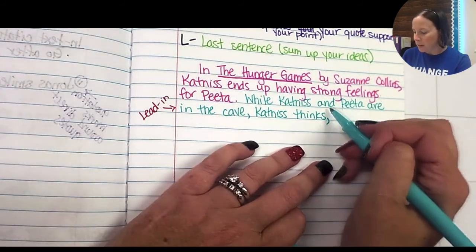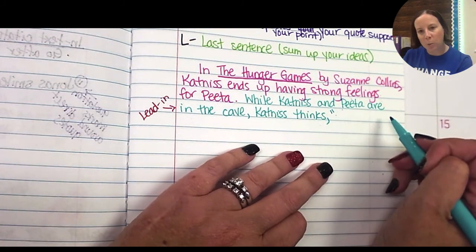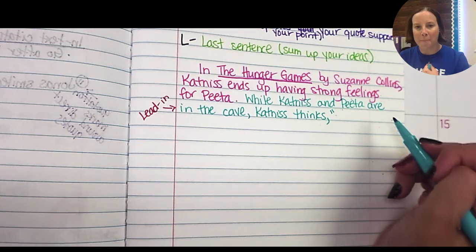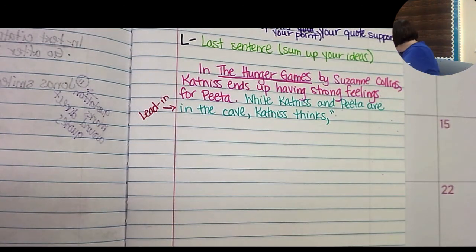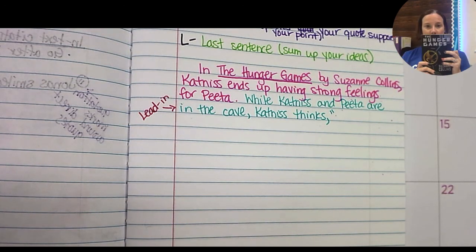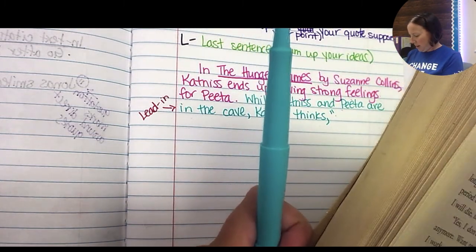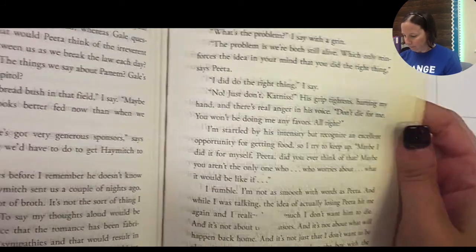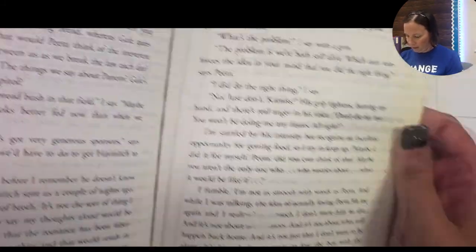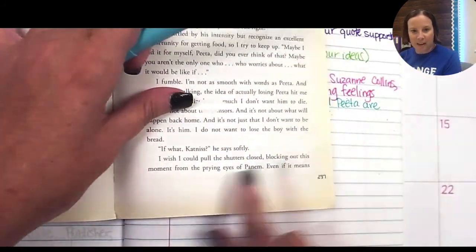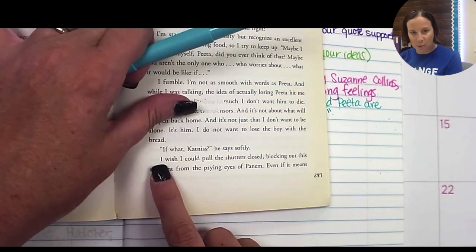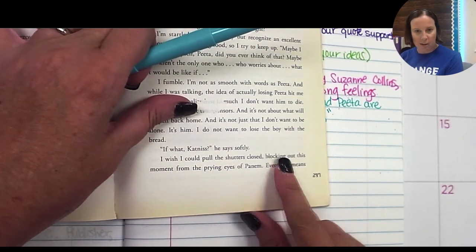Now, once I start these quotation marks, none of these words inside the quotation marks are mine. I got them directly out of this book, okay? If I open up to page 297, I can go down to the bottom of this page, and these are the words I'm going to start writing. "I wish I could pull the shutters closed," okay?